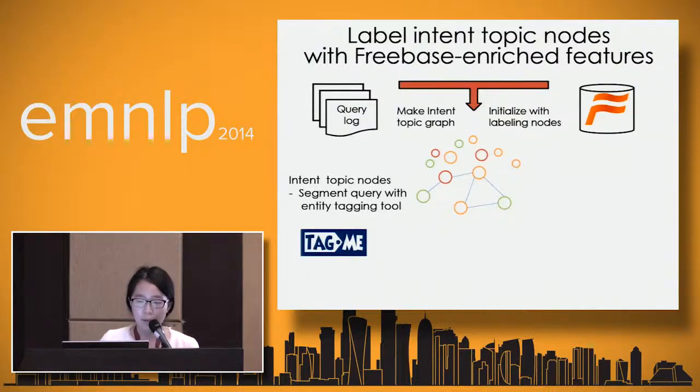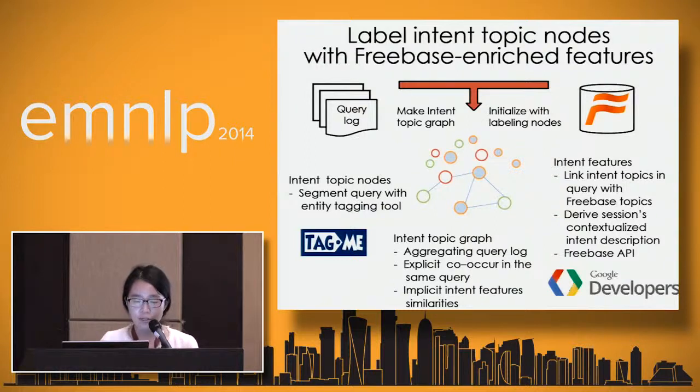Here we use TagMe, and by aggregating the query log, we can get an intent topic graph. The edge in the graph encodes the explicit co-occurrence in the query log and implicit intent feature similarities.